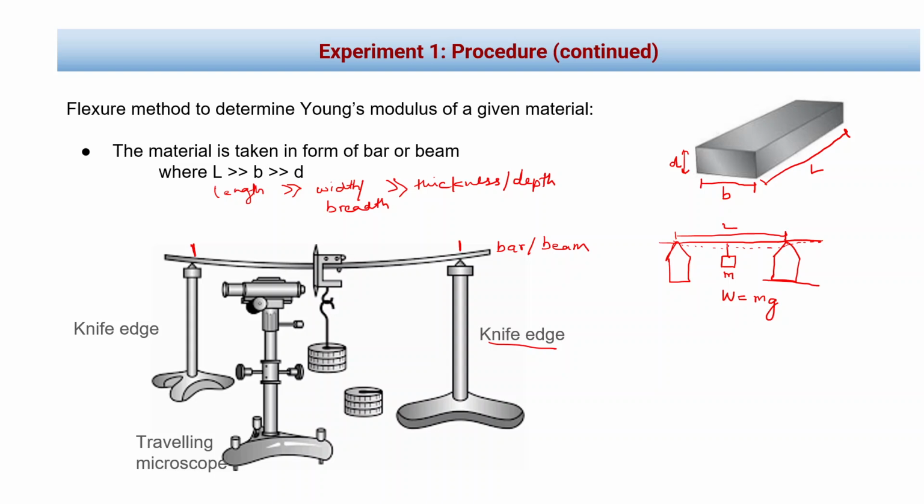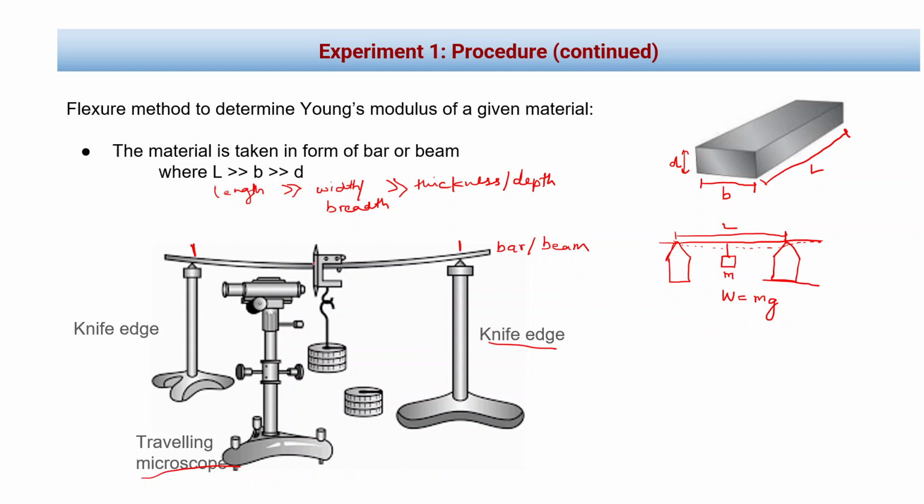and this deviation that we see, we'll measure using a microscope called a traveling microscope. It's called a traveling microscope because it can move left, right, up and down depending on our requirement.